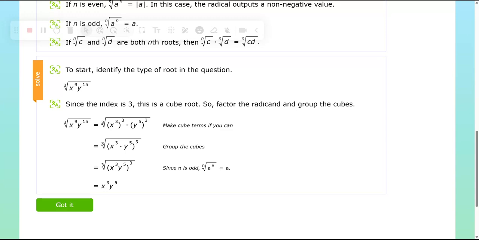So the answer is only x to the third. Y to the 15, they break it down at 5 times 3, 15. So now cube root and power 3 cancel out, so y to the 5th. That's it. And they said it right here: nth root of a to the n cancel out. You see that?